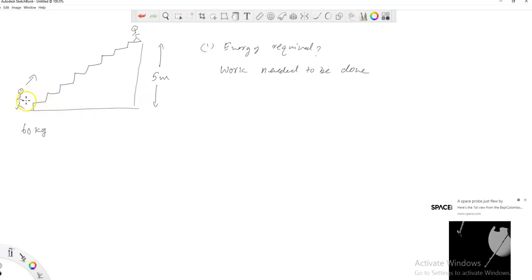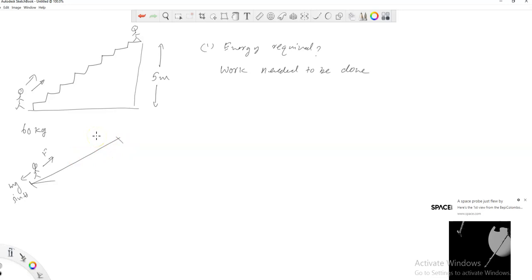He's going in this direction, so we can assume it as a ramp, and here we have mg sine theta, and then we have to apply an equal force to go up, and then we can multiply that force by the distance he goes.